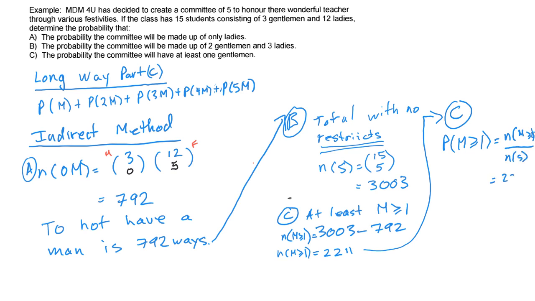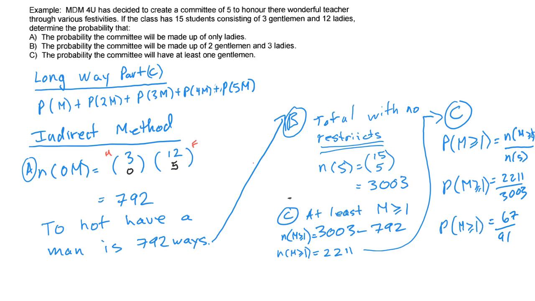which is 2,211 divided by 3,003. And that is our probability, which simplifies to 67 over 91 is our probability of males greater than or equal to 1, with at least one male.